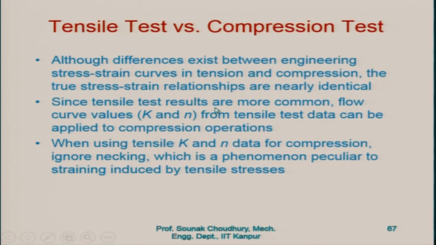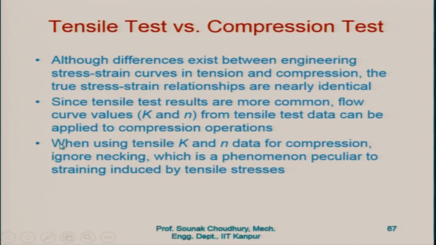Since tensile test results are more common, flow curve values, that is K and n, the strength coefficient and strain hardening exponent, from tensile test data can be applied to compression operations. When using tensile K and n data for compression, ignore necking, which is a phenomenon peculiar to straining induced by tensile stresses.